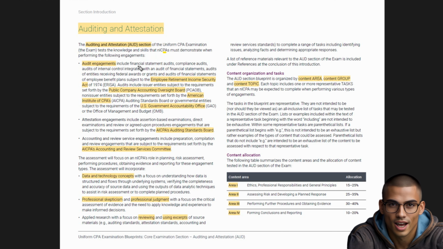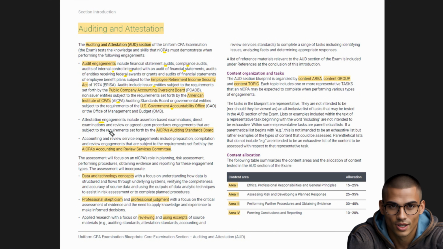So audit engagements, including financial statement audits, compliance audits, and audits of internal control integrated with the audit of financial statements, audits of entities that are receiving federal awards or grants, and these are going to be based on the Employee Retirement Income Security Act, audits that include issuer entities subject to requirements that are set forth by the Public Company Accounting Oversight Board, audits for non-issuers that are subject to the requirements that are set forth by the American Institute of Certified Public Accountants Auditing Standards Board, or government entities subject to the requirements of the U.S. Government Accountability Office.